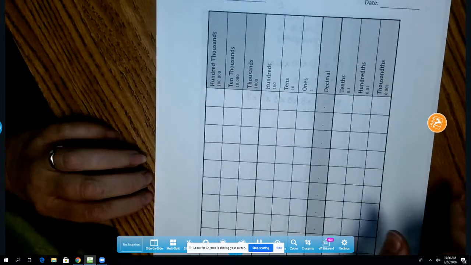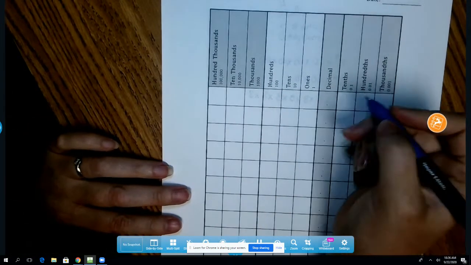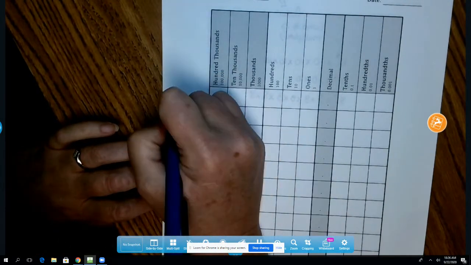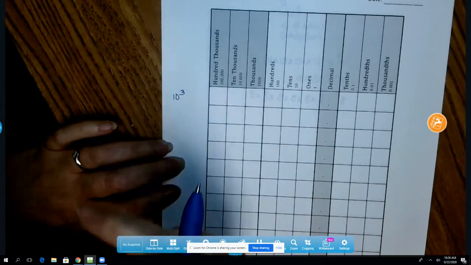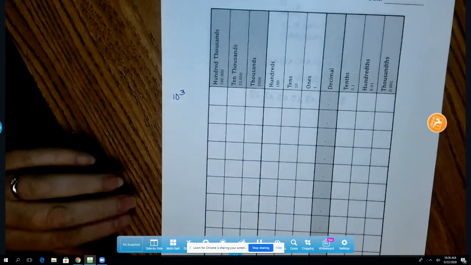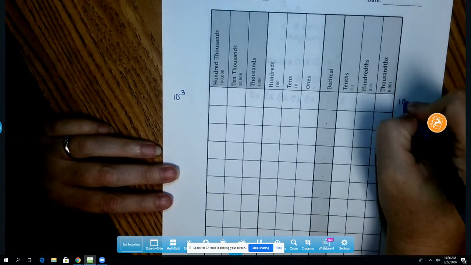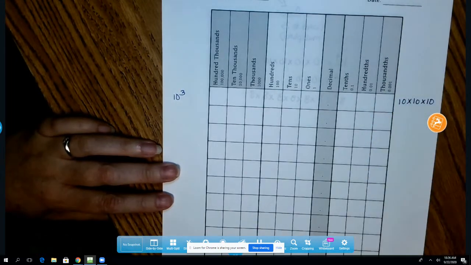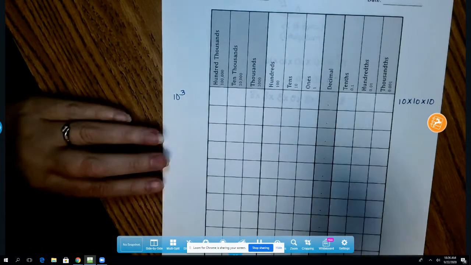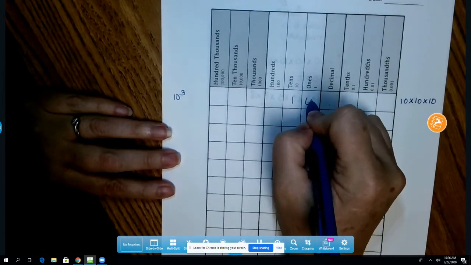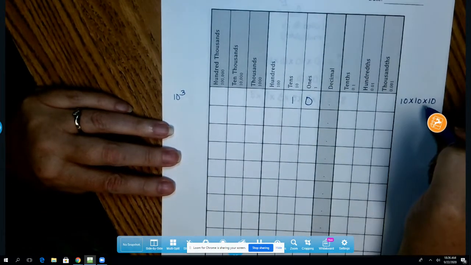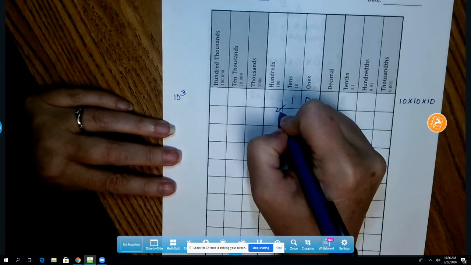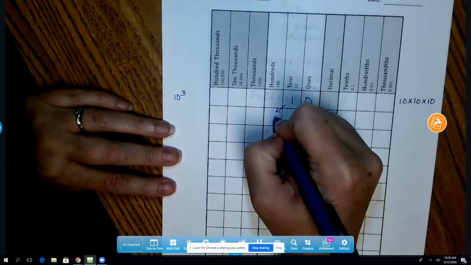So if I have 10 to the 3rd power, that is saying 10 times 10 times 10. Okay, well, if I have 10 and I multiply it by 10, I know that I move one place value for each one of those.